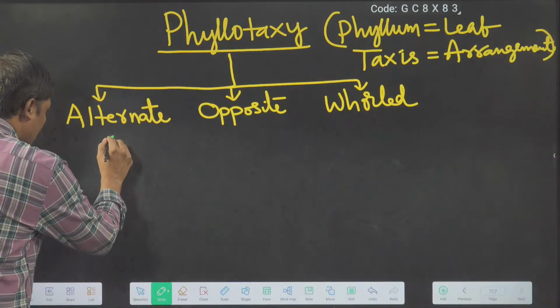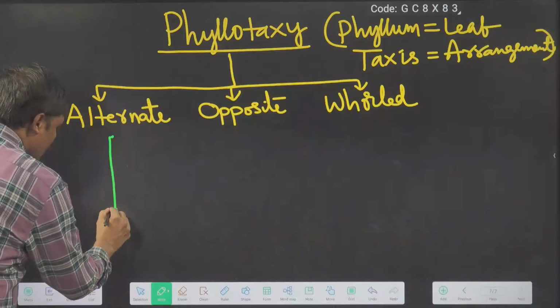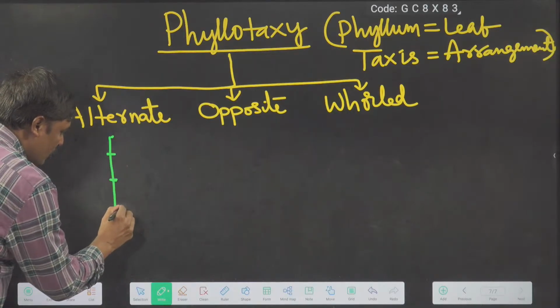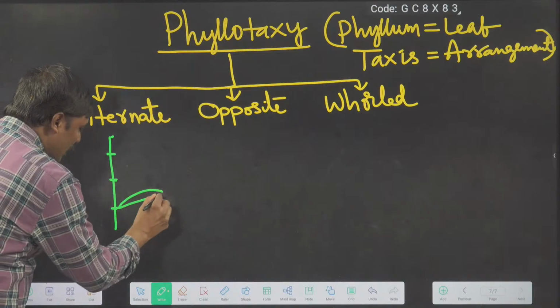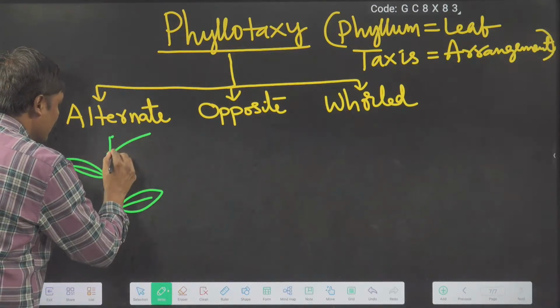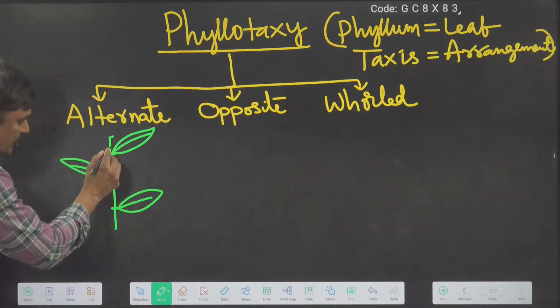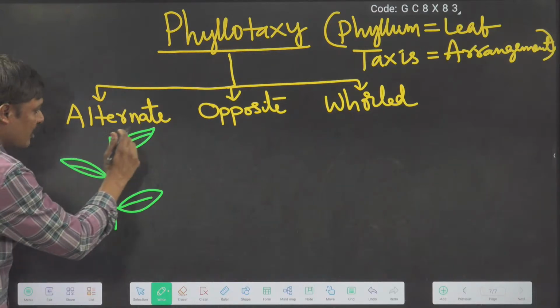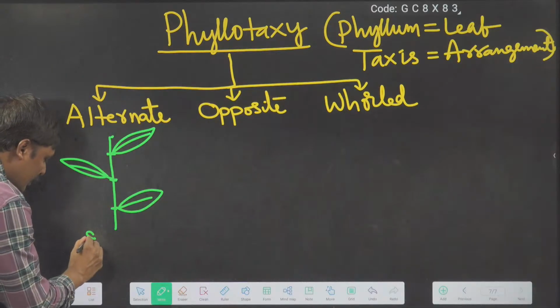On this stem, 1, 2, 3 nodes are there. At each node, one leaf, second leaf, third leaf. Look at this. At each node, one leaf arises. Then it is called alternate phyllotaxy.